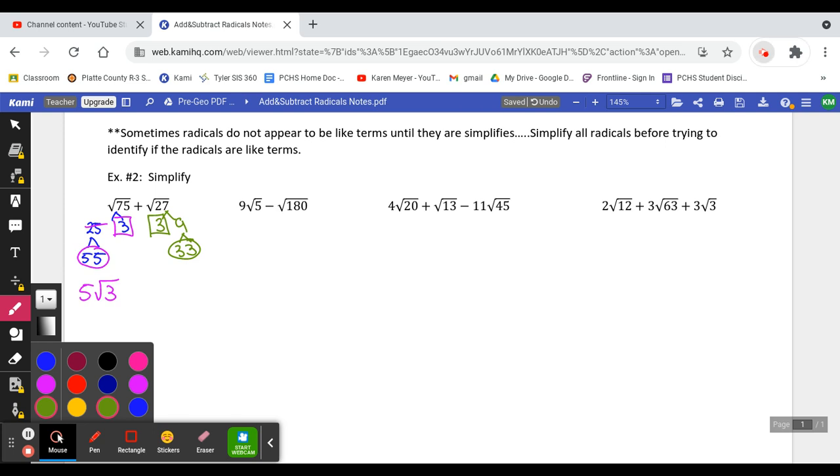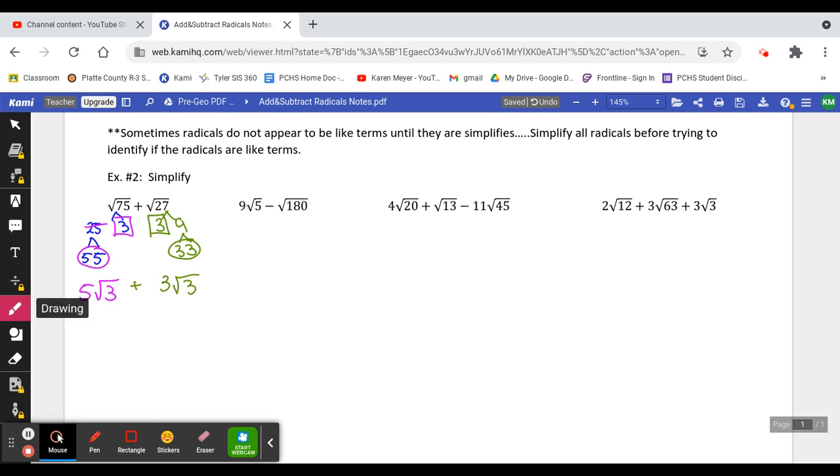So then that's going to be 3 on the outside, and my single number is also 3. And then there's a plus sign in between them, so I'm going to bring that down. And now when you look at the problem, you're going to say, oh, they both have a square root of 3. So add the outside numbers. So 5 plus 3 is 8, square root of 3, and I'm done.